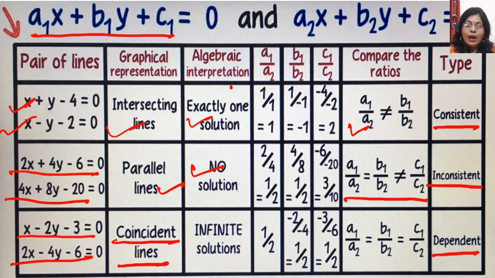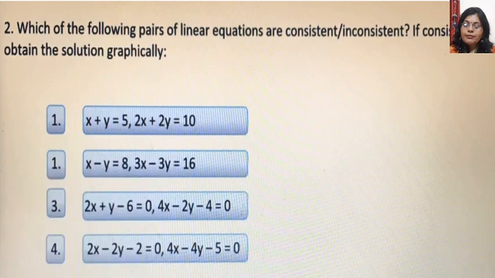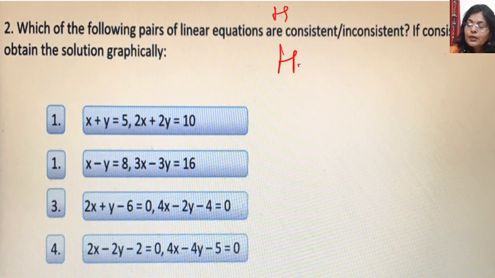Now, I am letting you know what you can conclude. This is a sort of homework for you. I will discuss it and let you know in the next session what answer you have got. You have to find out which of the following pairs of linear equations are consistent and inconsistent.